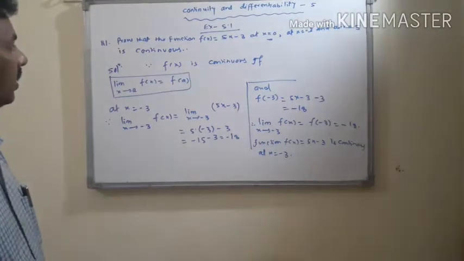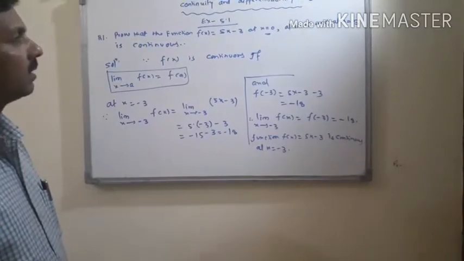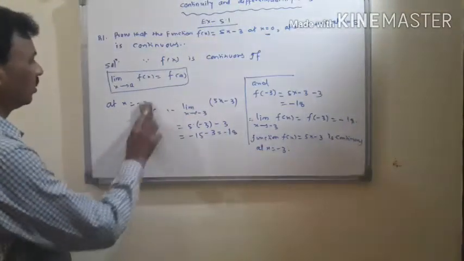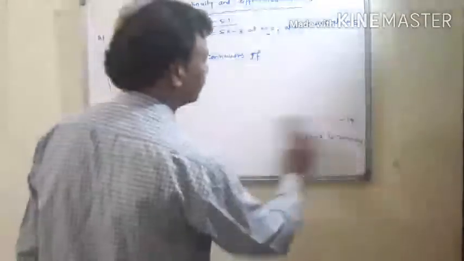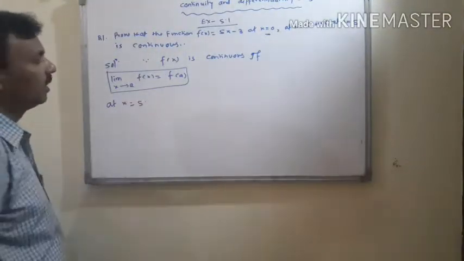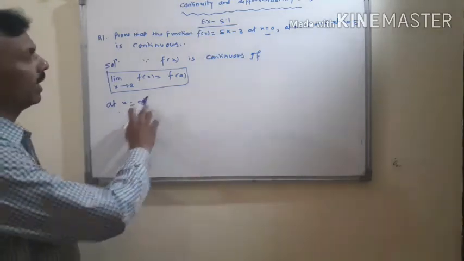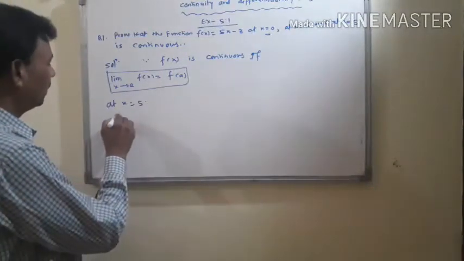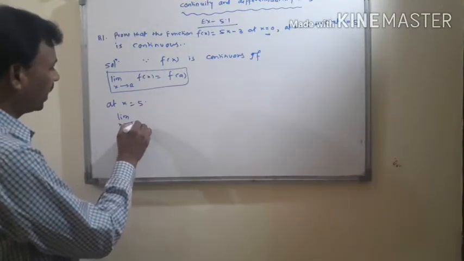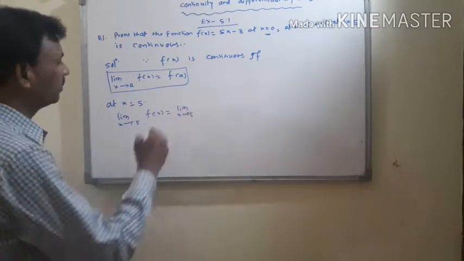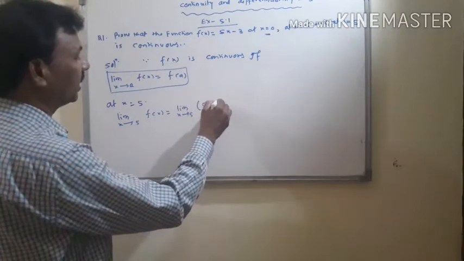Now we will take the third point, at x equal to 5. We will check whether at x equal to 5 this function is continuous or not. So limit x tends to 5 f of x equal to limit x tends to 5 of 5x minus 3.